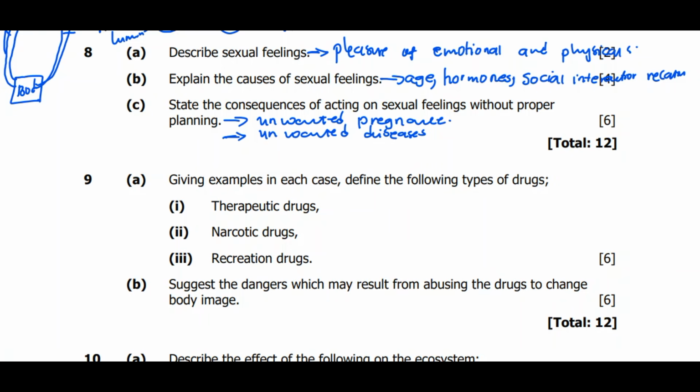Then apart from this, the other consequence of acting on sexual feelings without proper planning is that it may ruin somebody's future. Somebody's future may be ruined, because we know that after an unwanted pregnancy or disease, their future won't be the same.